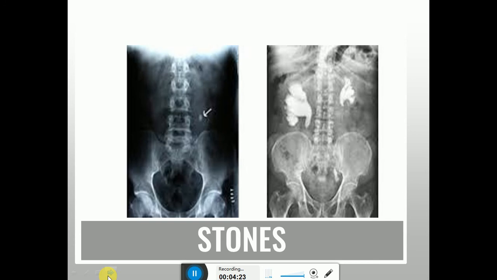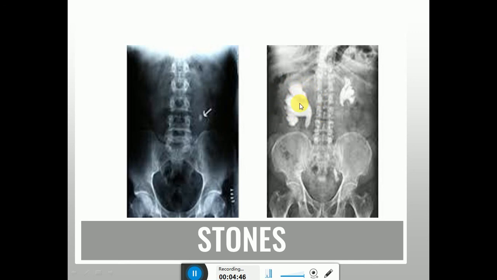Now if any pathology is there, here we are able to visualize a stone. This is a ureteric stone. And these are stones which are present in the pelvis part of the kidney. They are also called staghorn stones.